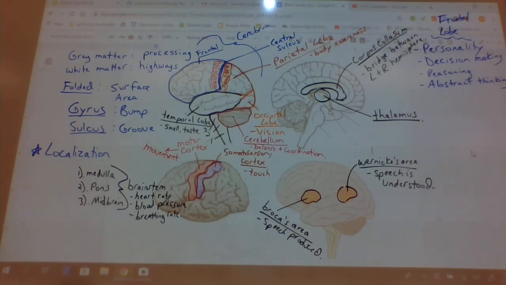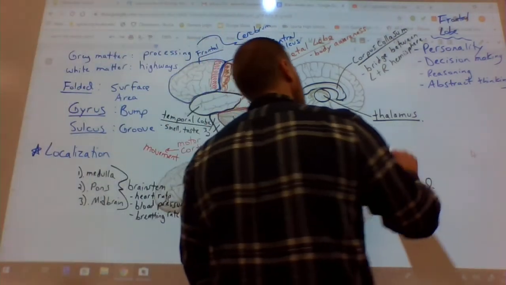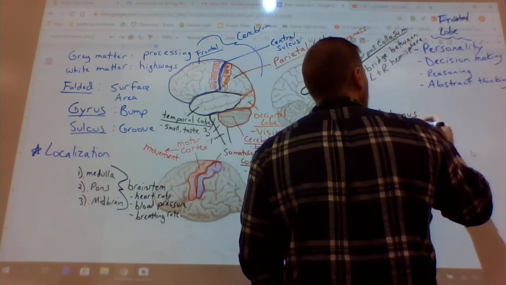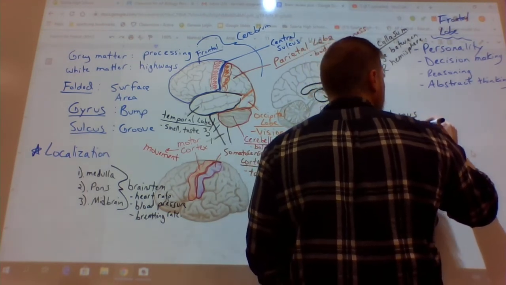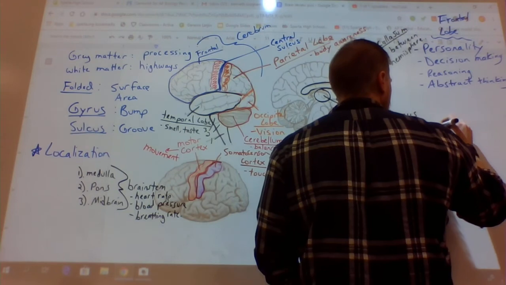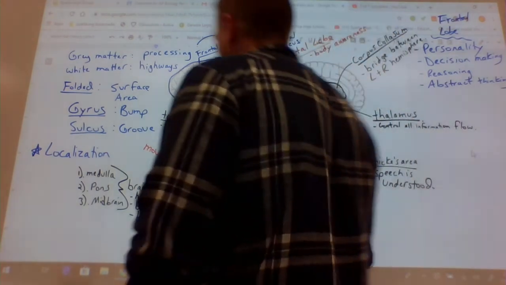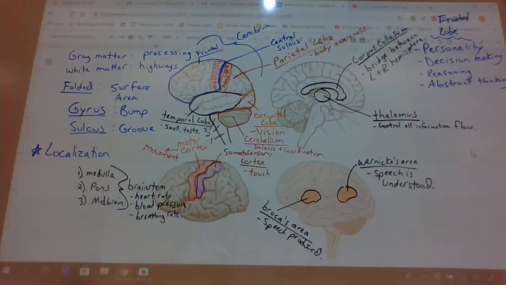So it's going to control all information flow. Right? It's going to control all movement of information. If you remember these terms, we said that all sensory input into the brain first goes through the thalamus.